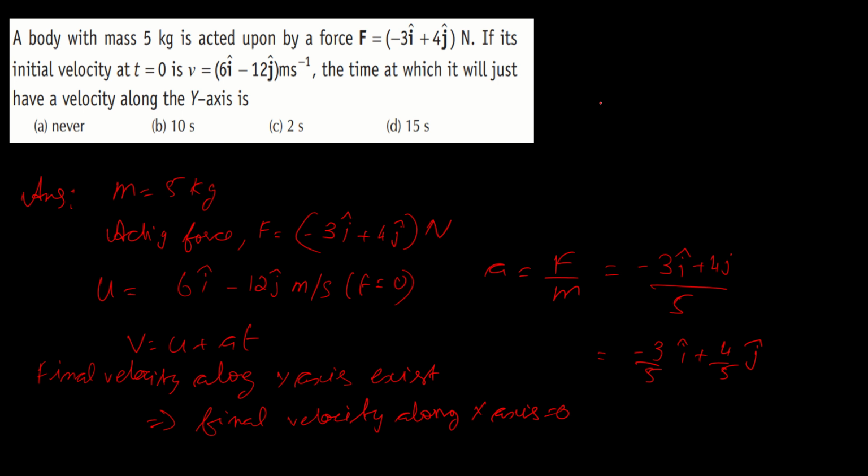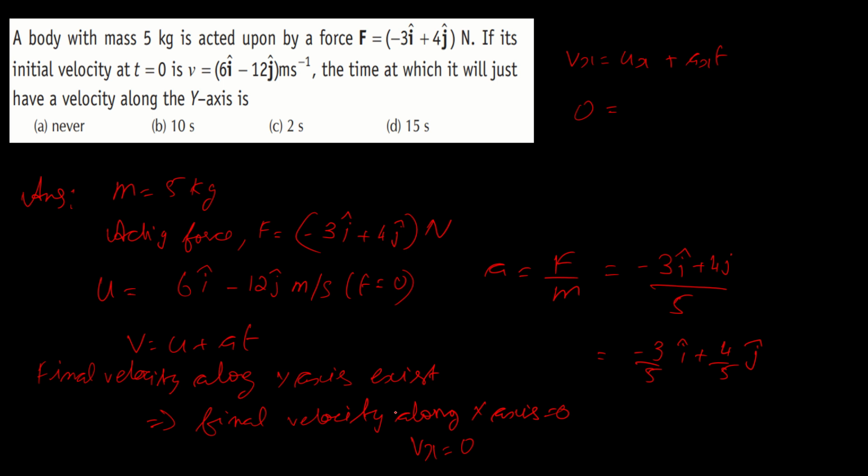Final velocity along the x-axis, we can write as 0 equal to u. We can take the x component only. When we write u, we have 6 i cap minus 12 j cap, but here we only take the x part, because we are writing vx is equal to ux plus ax into t. We found that vx is equal to 0.